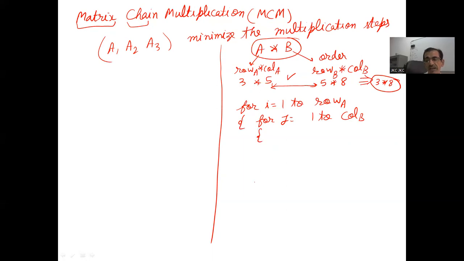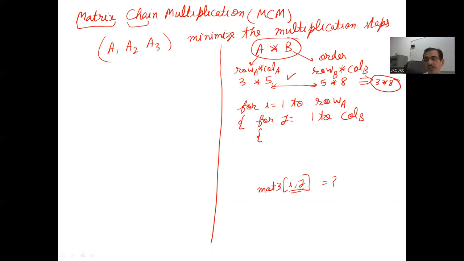Through this process I will be able to generate mat3 ij, so each ij will be generated. Now I go from 1 to row A, j goes 1 to column B, and mat3 ij I'm generating is the summation using mat1 and mat2.